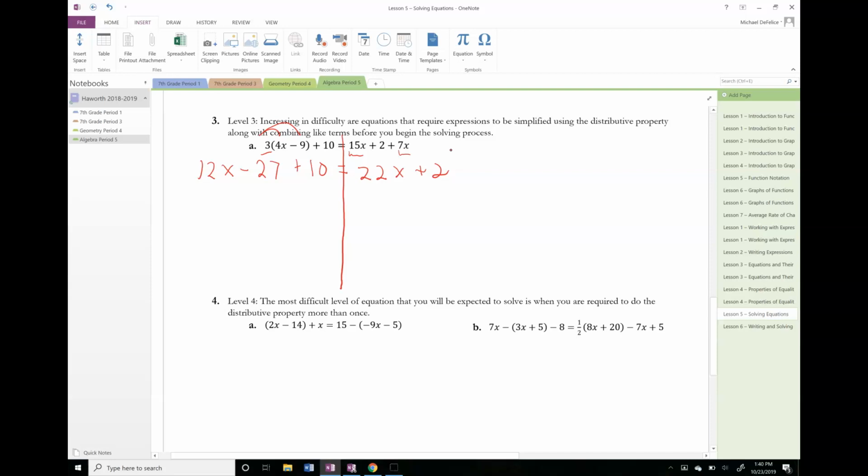All right, now I have an equation with variables on both sides. So I'm going to do something so that afterwards I'm going to get a new equation with variables on just one side. I have two choices. I could either subtract 12x from both sides, or I could subtract 22x from both sides, but I want to keep my variable term positive, so I'm going to subtract 12x from both sides.